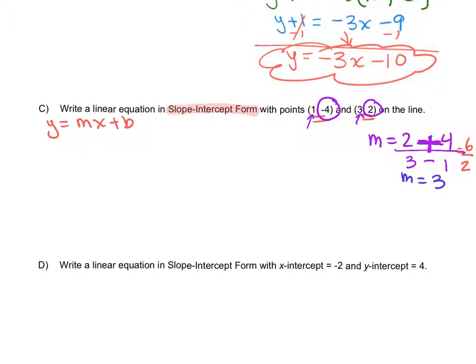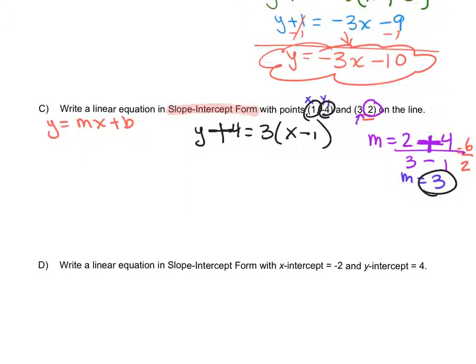Now that you have the slope, you pick a point. It doesn't matter which of these 2 points you want to use. Since this is the first point, x1, y1. Now you have a point and slope. Put it in point slope. y minus y1 is equal to m of 3 times x minus x1, which is 1.